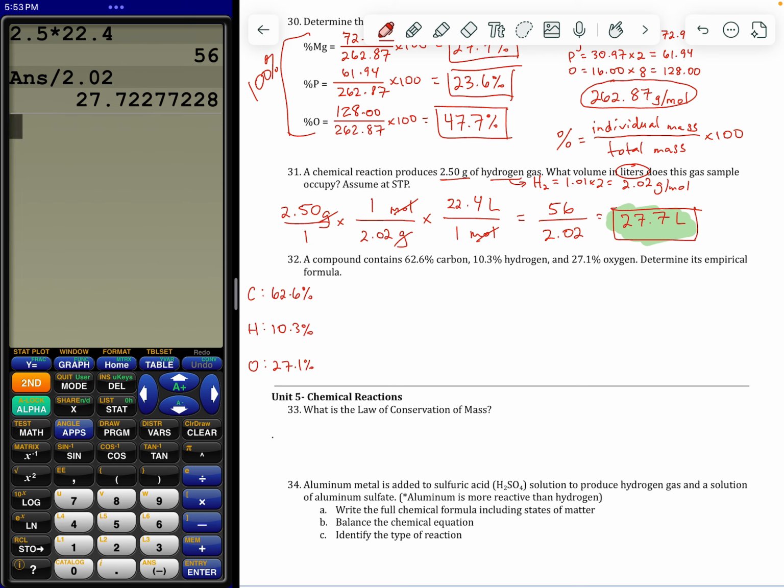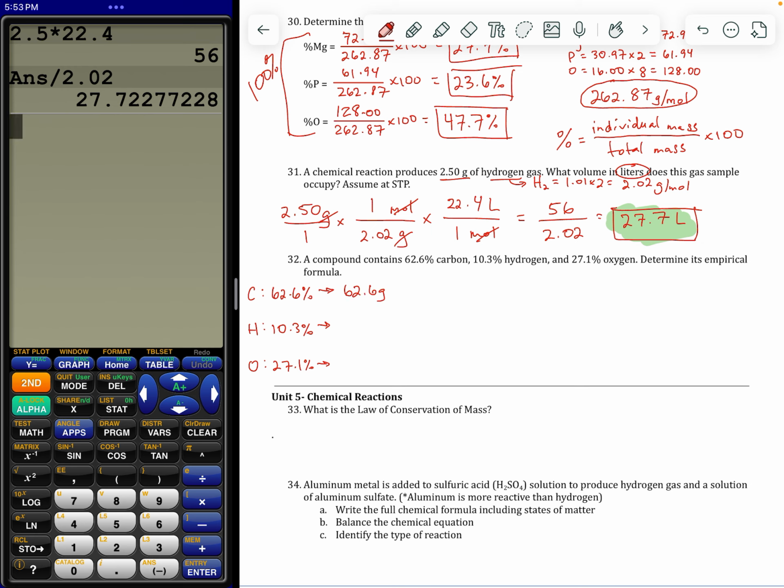So we can go from percent to grams, so percent to mass, because we're assuming a 100-gram sample, and if these percentages are out of a 100-gram sample, then those are the actual values of the mass of what the contributions are by each of these percent compositions that we're given. So this is actually just 62.6 grams.